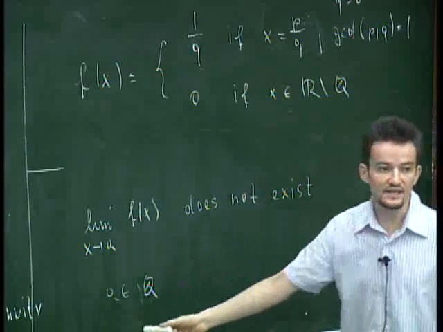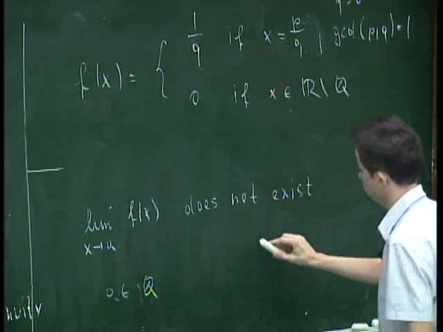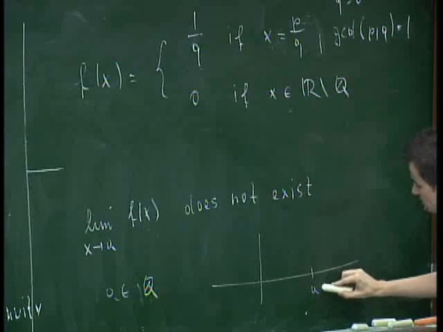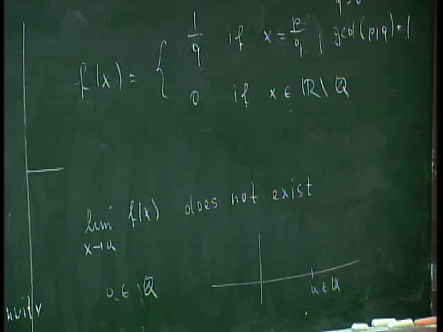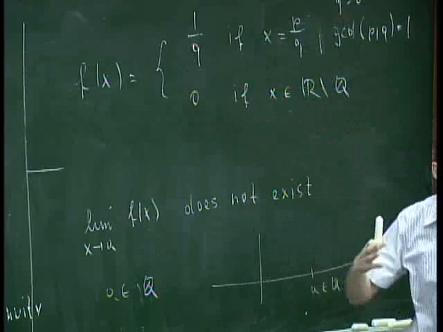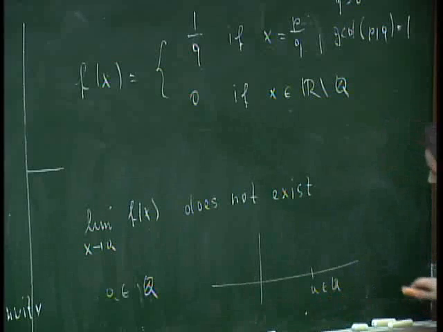Actually, for all a in Q, because once more, if you have any rational number, you know from this definition that the function value is some positive number, maybe very small, but positive.